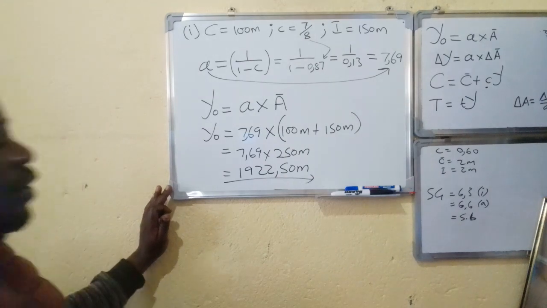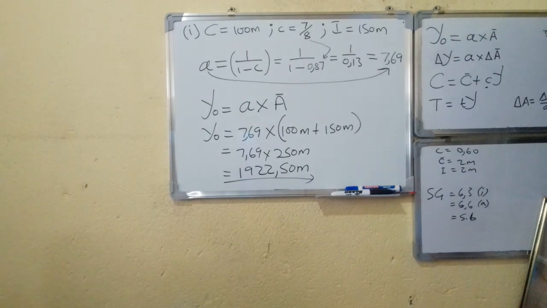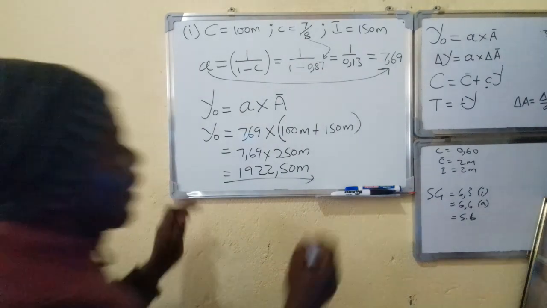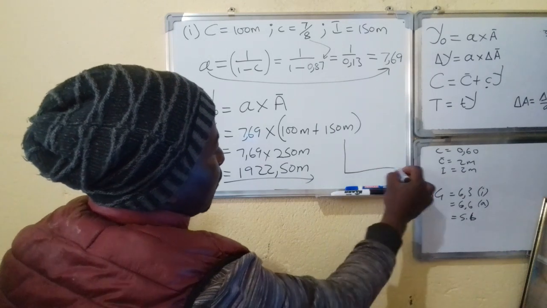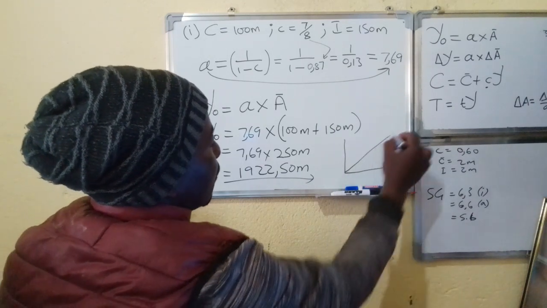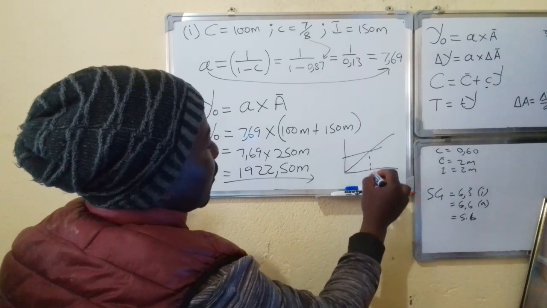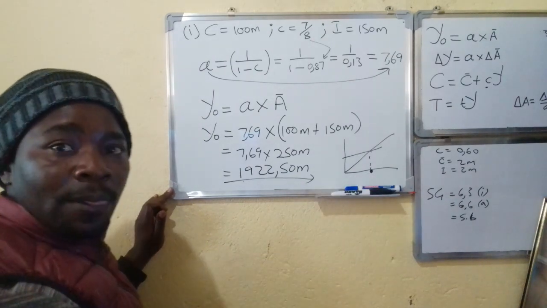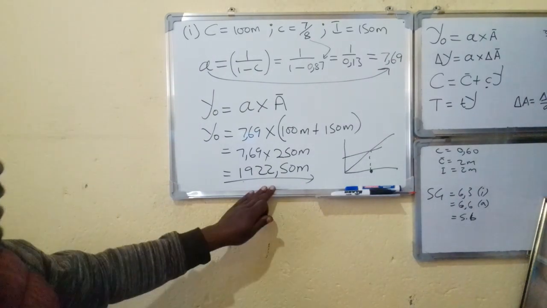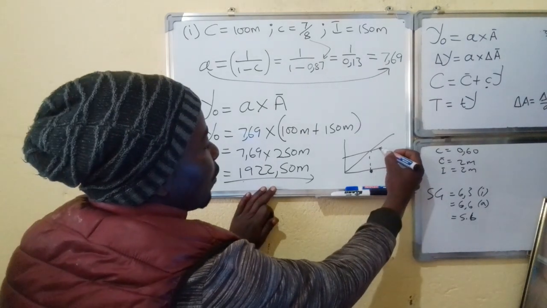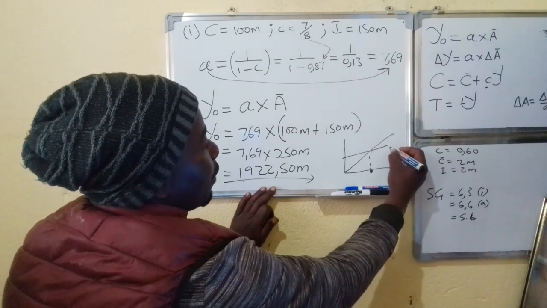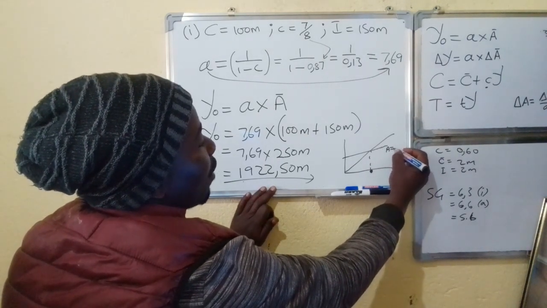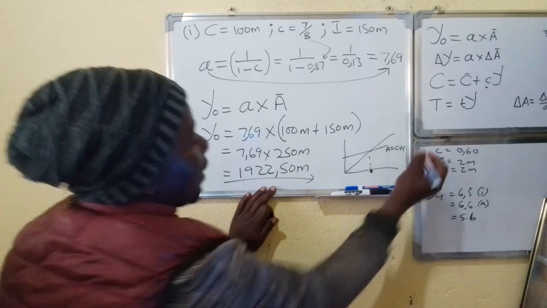This is your equilibrium level of income. Graphically, this number is here, equilibrium level of income. Graphically, in this economy without government, you have aggregate expenditure equals C plus I.